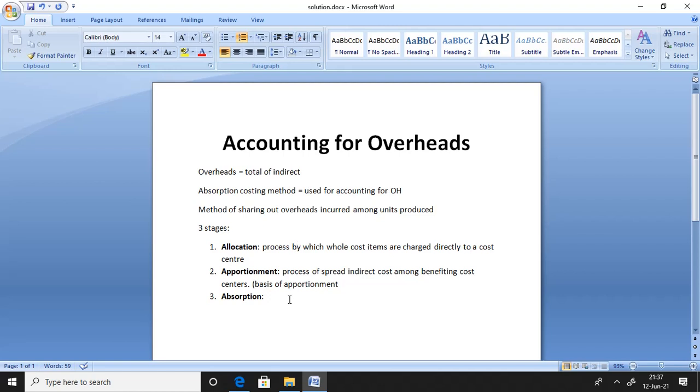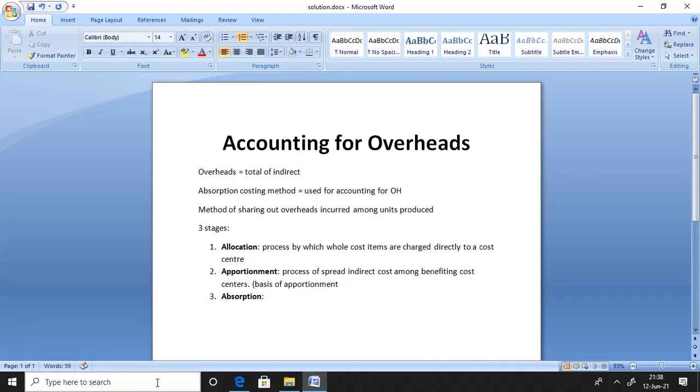If the department is frequently using labor hours, then we say that department is a labor intensive department and the absorption rate will be based on labor hours. If the department is using more machine hours, then we say that department is a capital intensive department and the absorption rate will be based on machine hours.